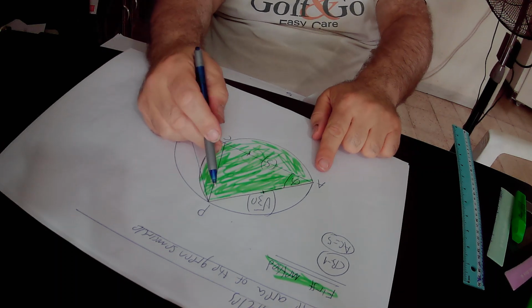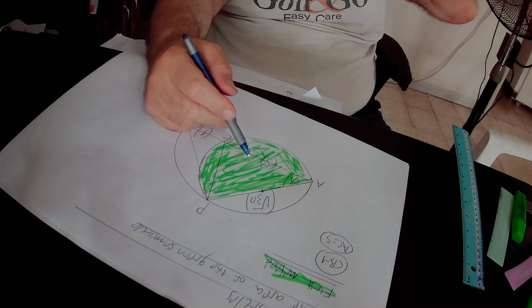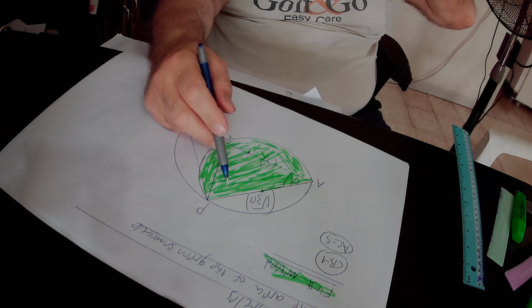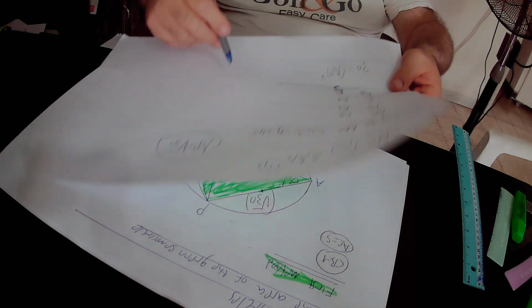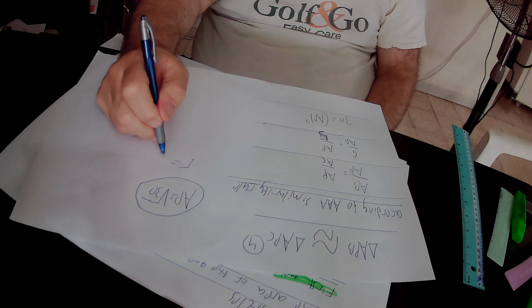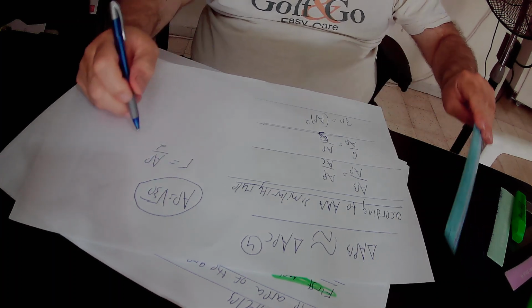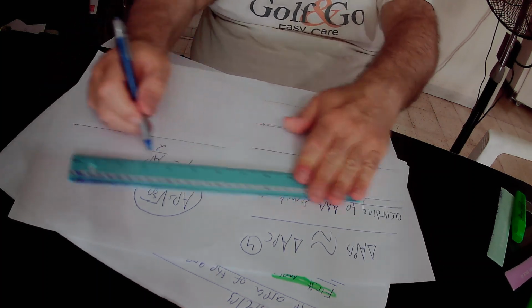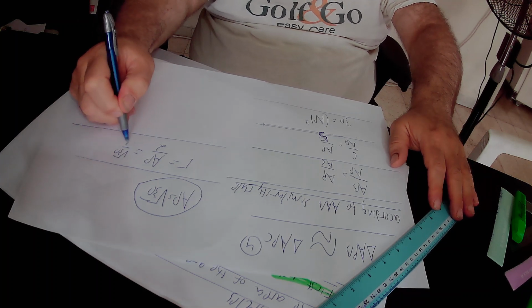AP is the diameter of this green semicircle, and therefore the radius must be equal to half of it. So the radius R of this green semicircle must be equal to the diameter AP over 2. So the radius R of the green semicircle equals AP, that is square root of 30 over 2.